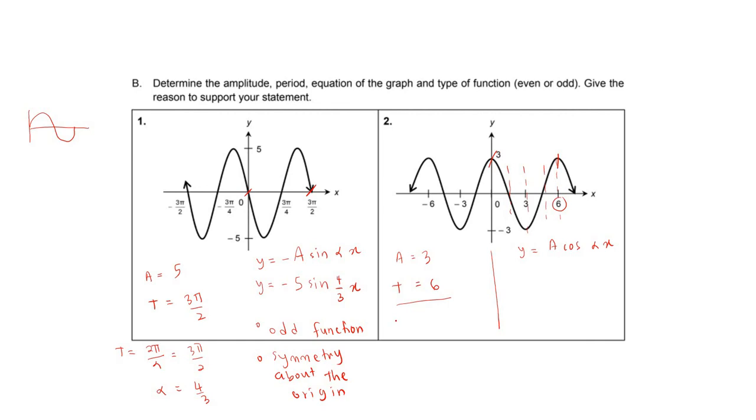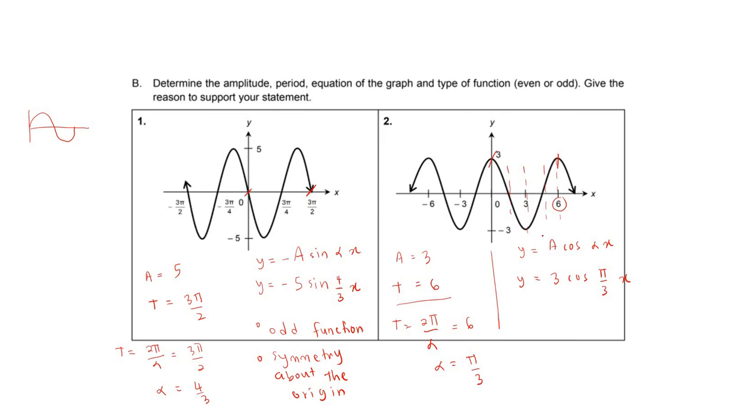Okay. We know that to find period equal 2 pi over alpha and period equal to 6. So from there we got alpha equal pi over 3. Substitute y equal 3 cos pi over 3 x. So that is the equation of our graph.